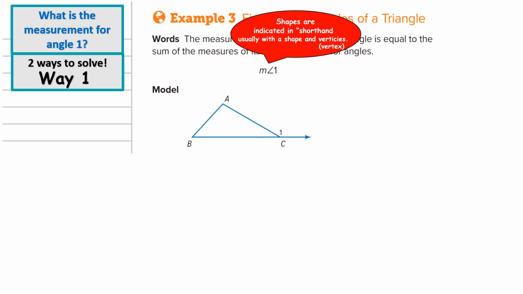So once again, this is shorthand, right? So all this is telling me is that I have an angle, right? And the M is telling me a measurement. So this is said as the measurement of angle 1. That flattened L, they're just showing you the shape of an angle, right? Two rays that come together at a vertex, at a point.